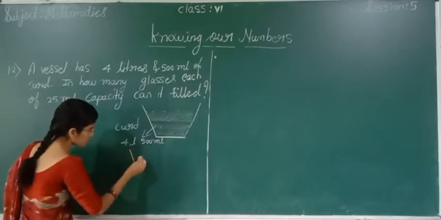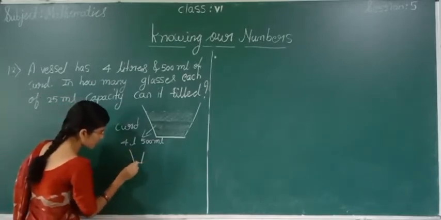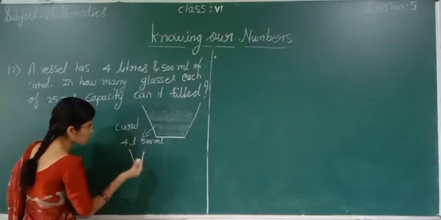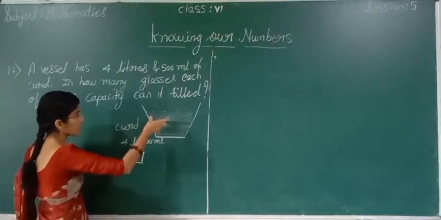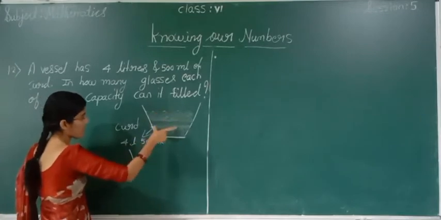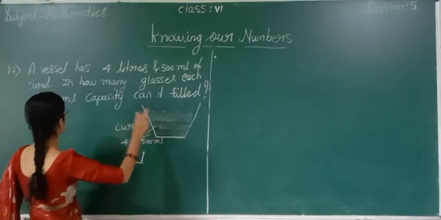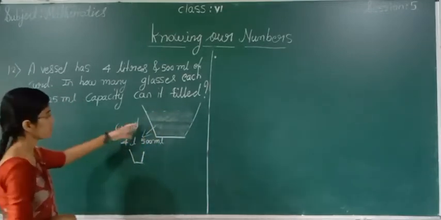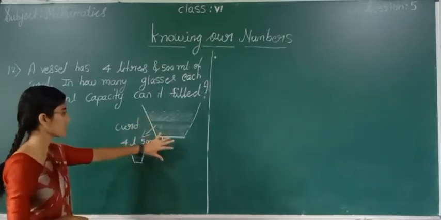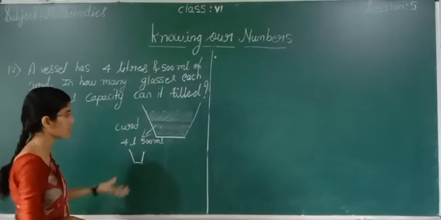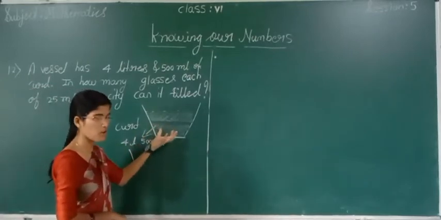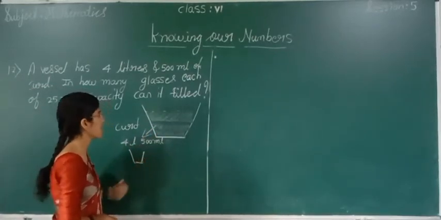Suppose the capacity of one glass is 25 ml. In how many glasses can we pour this curd, in how many glasses can we fill the curd of capacity 25 ml.